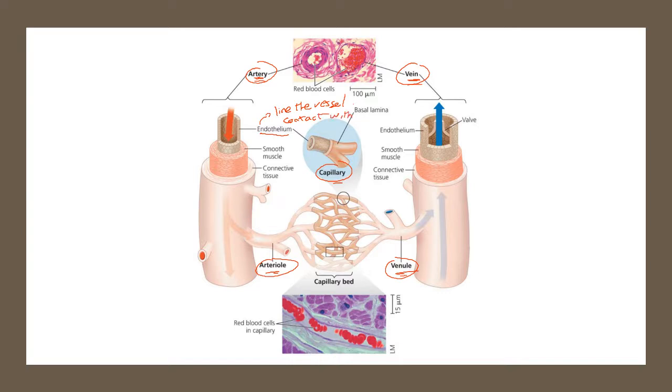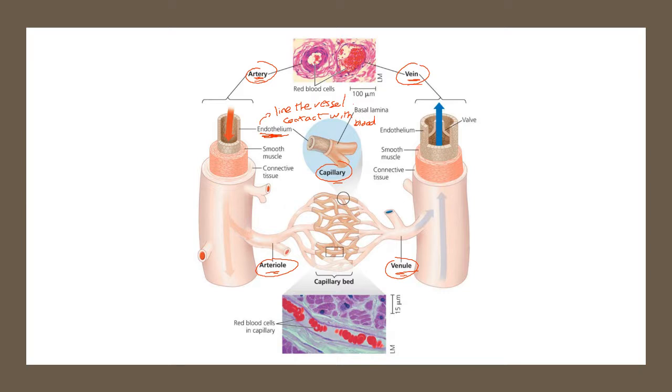It has contact with the blood. All right. So the endothelium is going to have a layer of cells. We're also going to have something called a basal lamina, but I'm most interested in just knowing what the function of it is. The endothelium is going to be lining the vessels, and it's going to have contact with the blood.